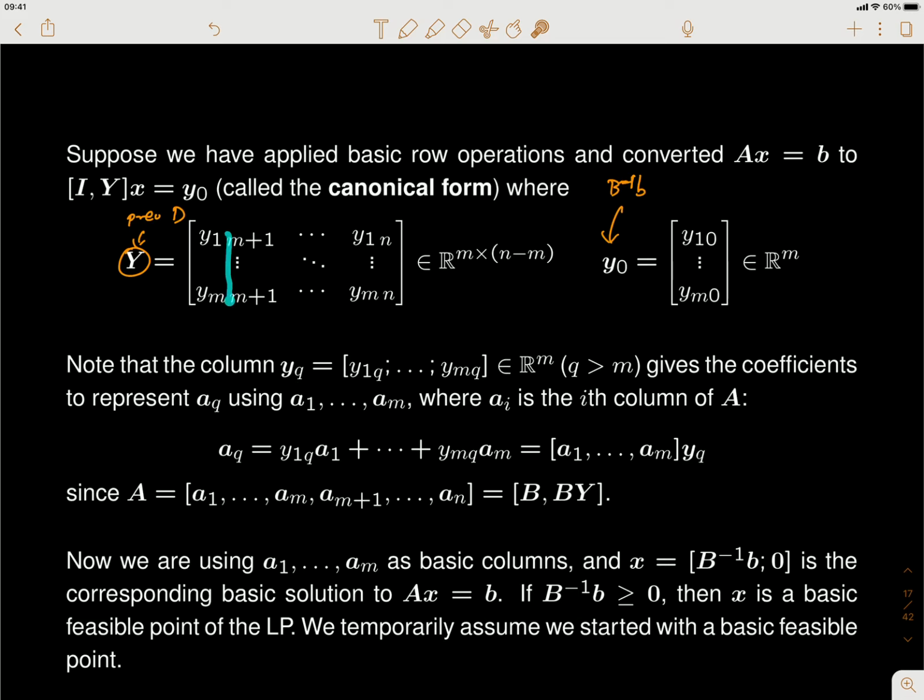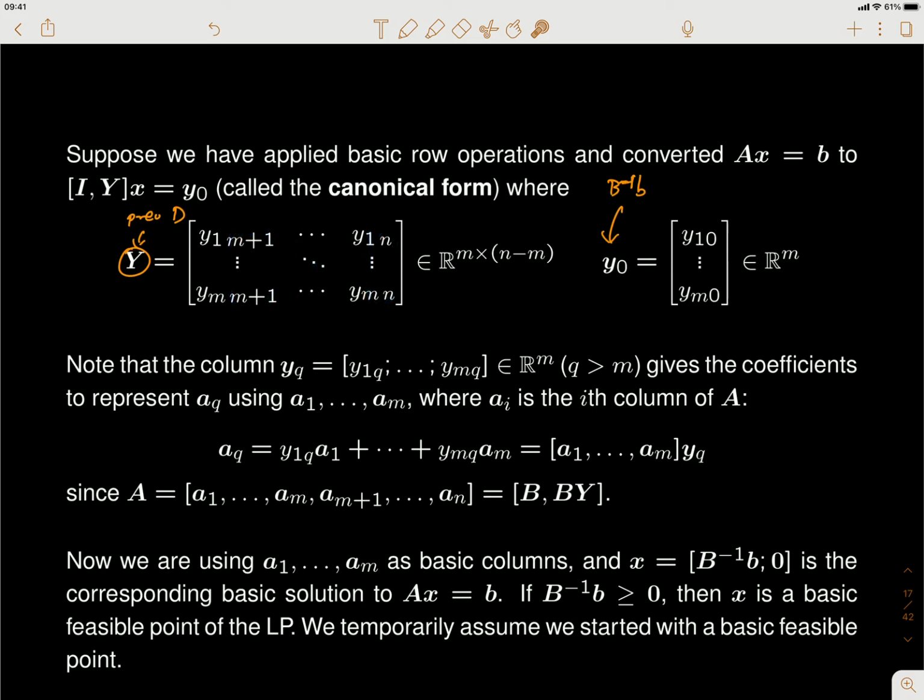This is just the coefficients we use to represent the column a_{m+1} by the first m columns, a1 through am. And generally speaking, for the qth column here, we have the y_q, where q is bigger than m. So it starts from m plus 1, then m plus 2, all the way to n.